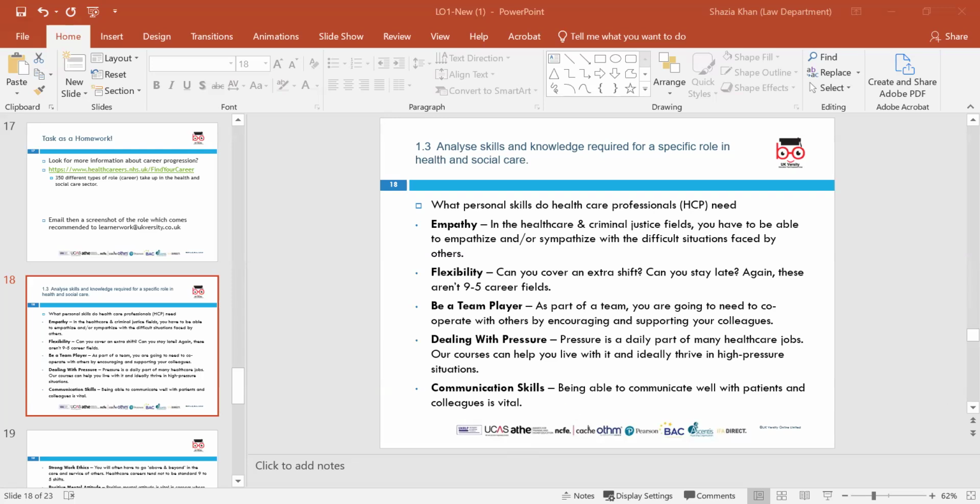Communication skills. So this is really important when interacting with any sort of patients, families, colleagues. Communication skills are crucial. You may face challenging circumstances at times when speaking to patients about their families or about patients' health. You need to be really diligent on how you communicate important details about patients' health to the parents or the family.